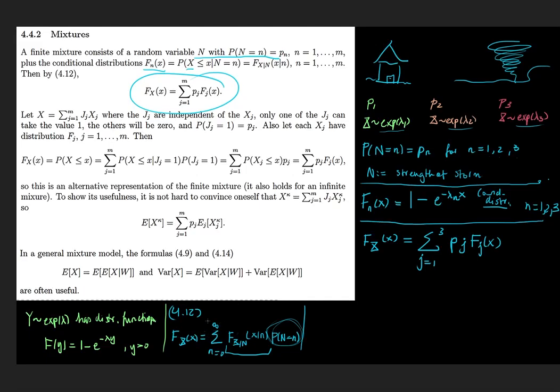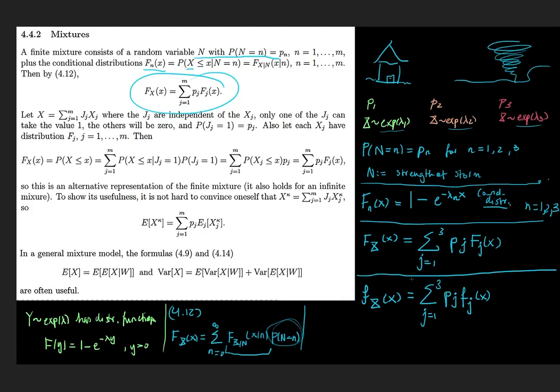The thing is, how about the density function then? Because what we're interested in, in problem 2.4, is the density function of X. Well, luckily that's not too hard, because the density function is just the derivative of the distribution function, which means that the density function is just this thing above, but where, instead of using the conditional distribution functions, we use the conditional densities.